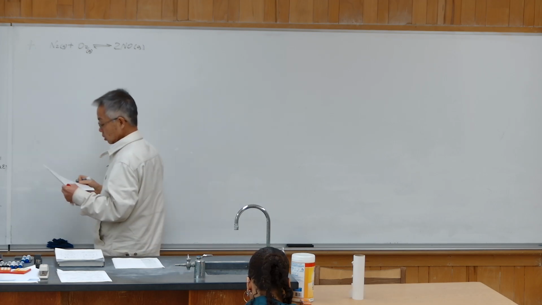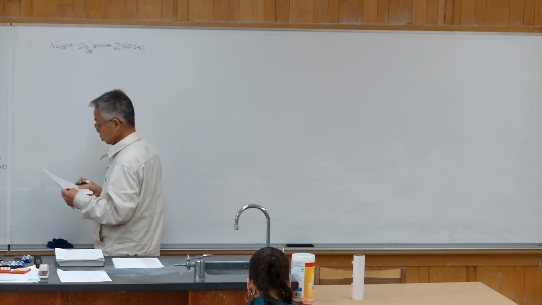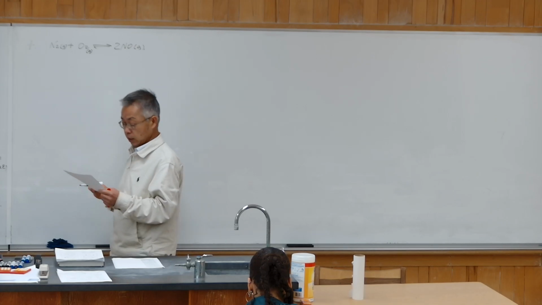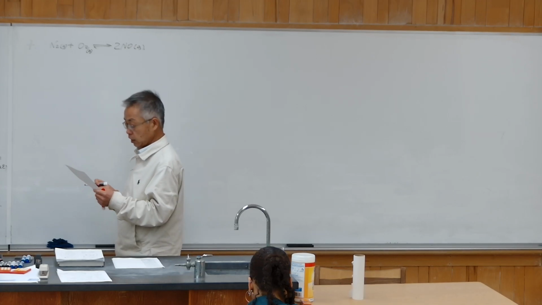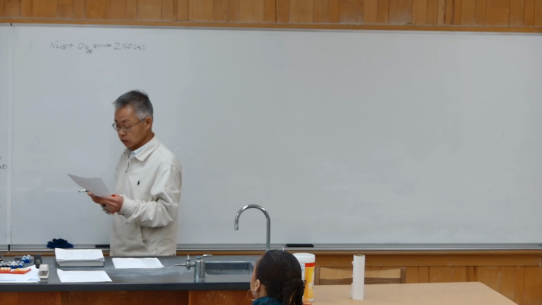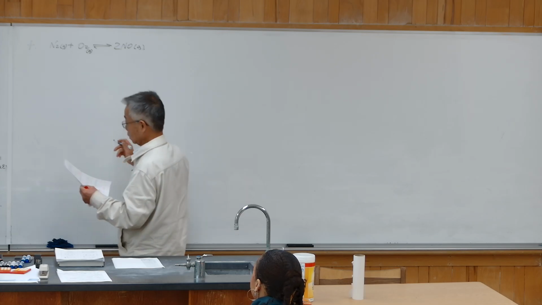If the equilibrium partial pressures of N2, O2, and NO are 0.5, 0.73, and 0.12 atm respectively at 500 degrees Celsius, calculate the Kp.